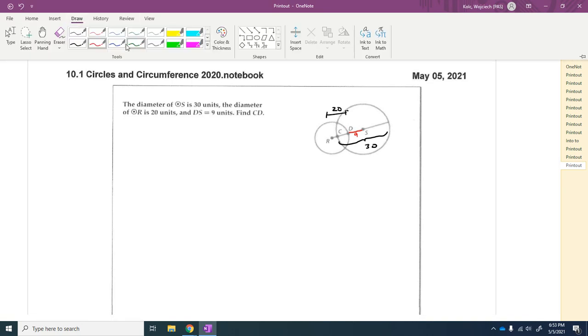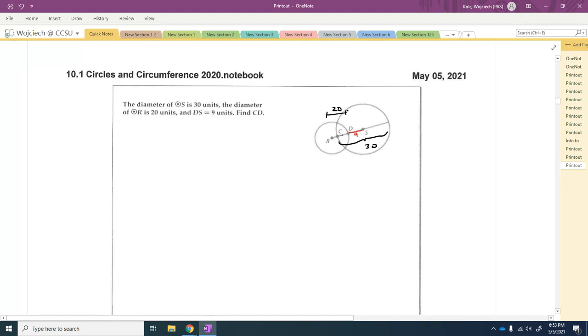So we are looking for this part. How long is this segment? All right. If the diameter of the larger circle is 30, the radius is 15. Okay?